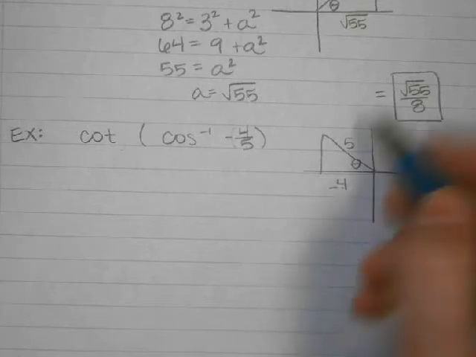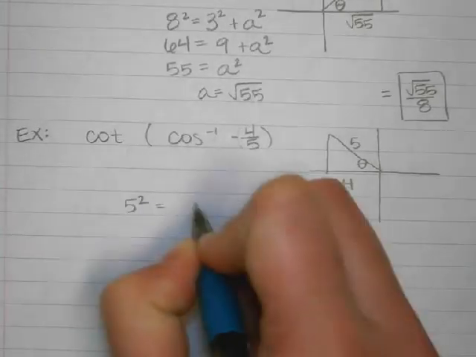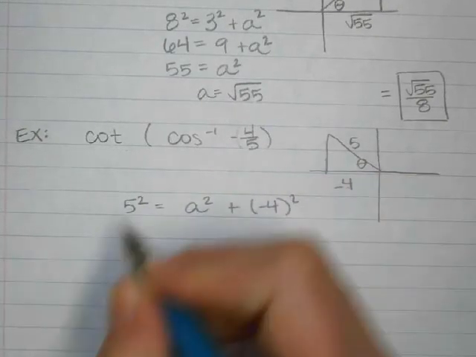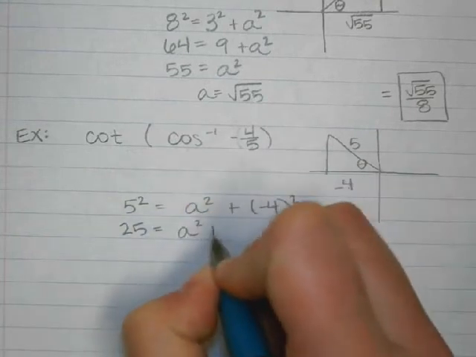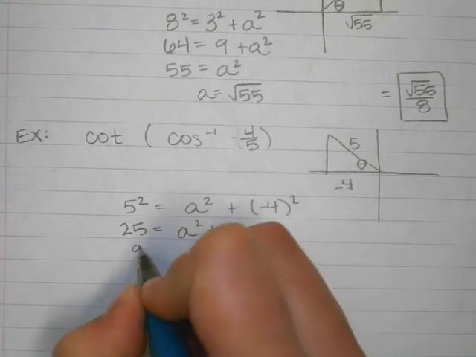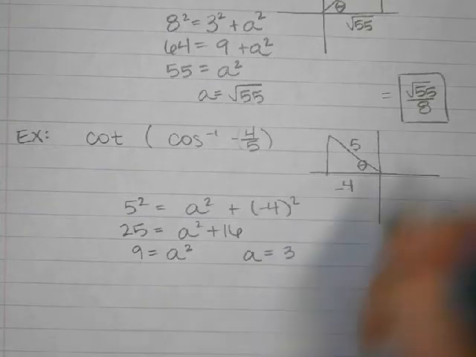Okay, so now we're going to go ahead and solve for that missing side. I've got 5 squared equals a squared plus -4 squared. So 25 equals a squared plus 16. If I minus the 16 over, I get 9 equals a squared. And so a equals 3.